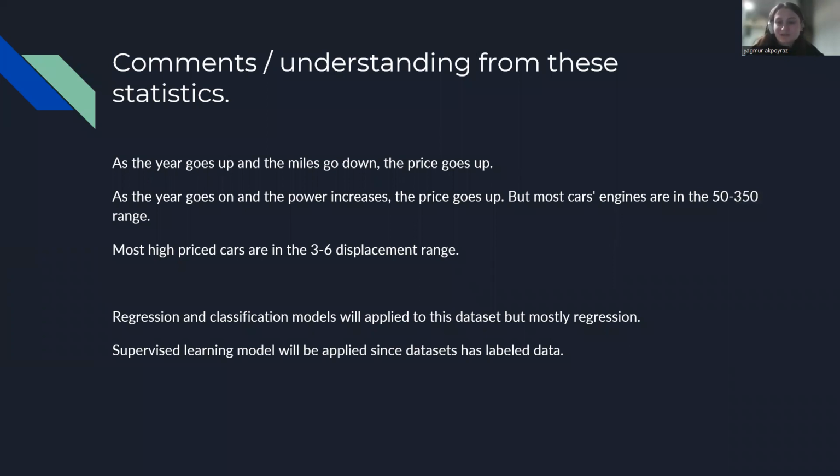But most cars' engines are in the range between 50 and 350. Most high-priced cars are in the 6 displacement range. And we will apply regression and classification models to this dataset, but mostly we use regression. And of course, we use a supervised learning model because we use labeled data. That's all.